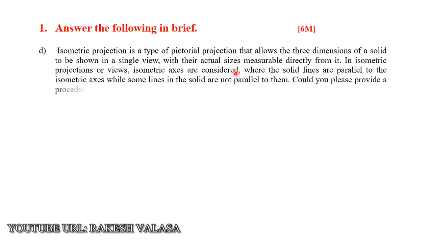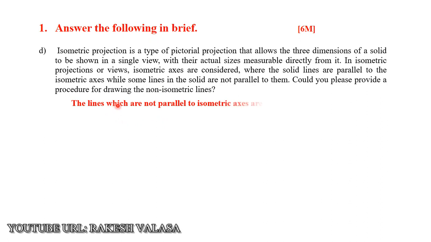In isometric projections or views, isometric axes are considered, where the solid lines are parallel to the isometric axis, while some lines in the solid are not parallel to them. Could you please provide a procedure for drawing the non-isometric lines? The answer is the lines which are not parallel to isometric axis are known as non-isometric lines.